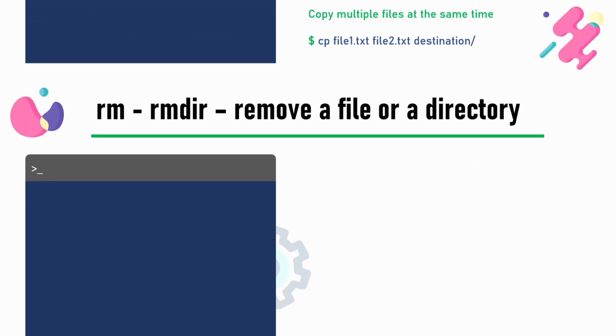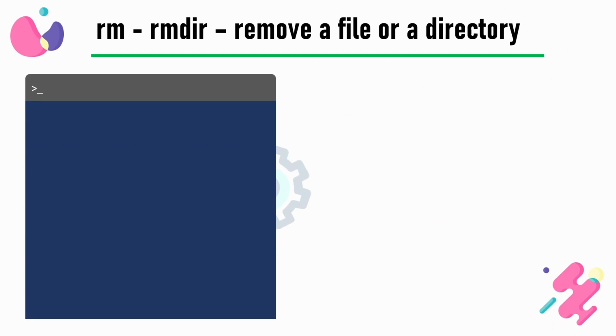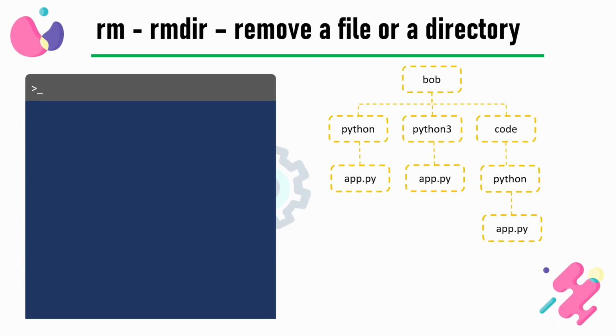Finally, we will see how to remove files and directories in Linux. We can remove files in Linux by running the rm command, which stands for remove, followed by the name of the file. For example, to remove the app.py file in the Python directory, all we have to do here is to run rm python/app.py.